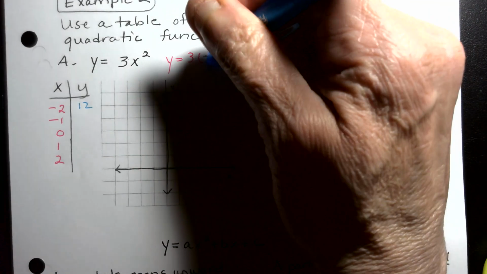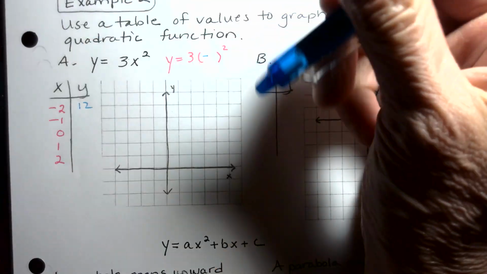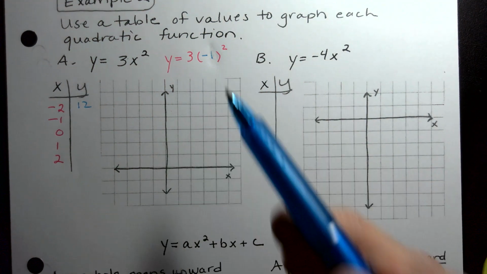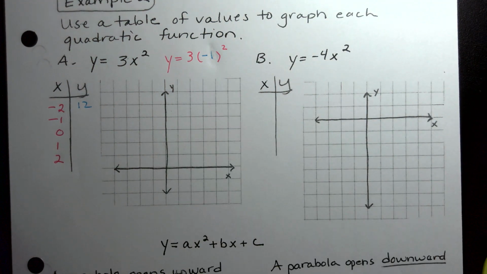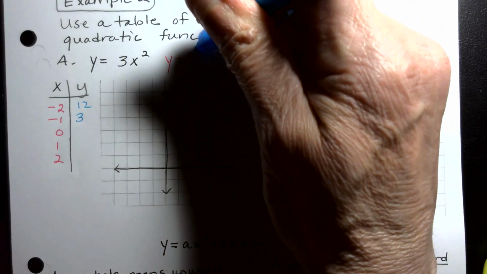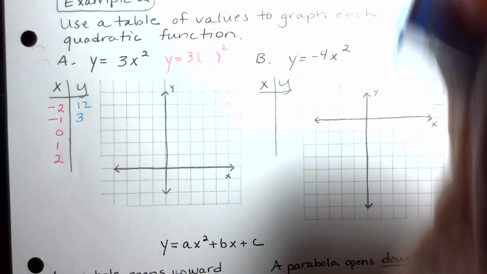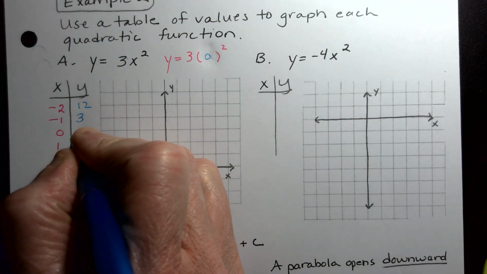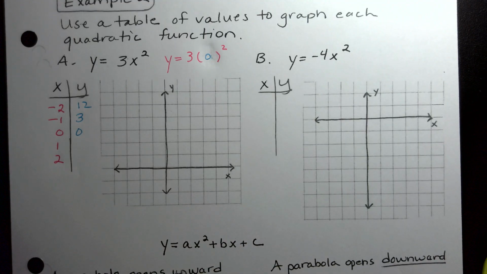Then we're going to go to -1. -1 squared is 1. Times 3 is 3. You guys can go ahead, and if you can do these, go ahead and do them on your own, then you can check them with mine. Zero squared is 0, times 3 is 0.